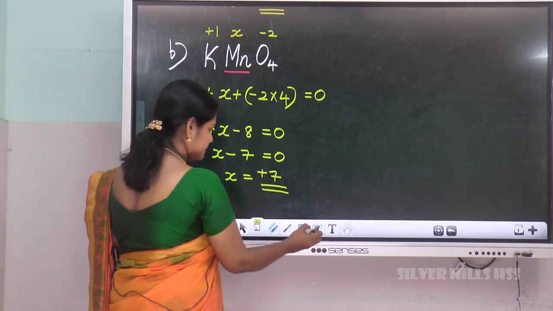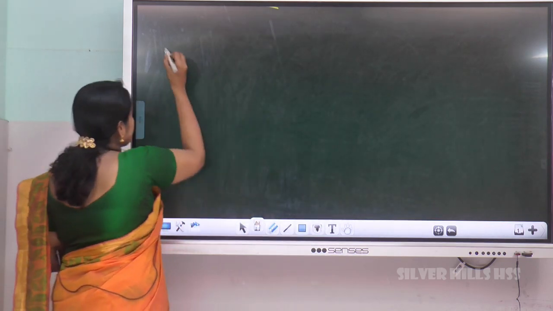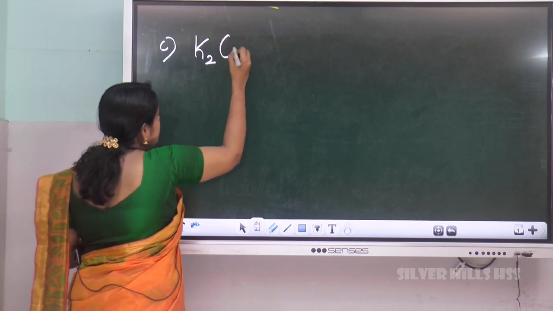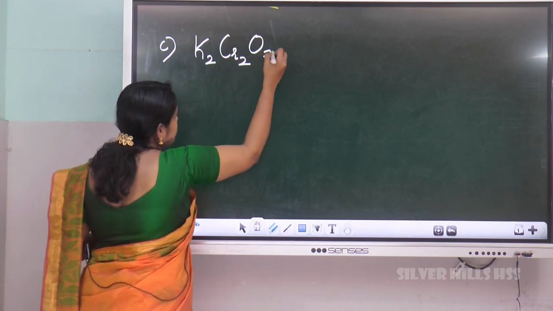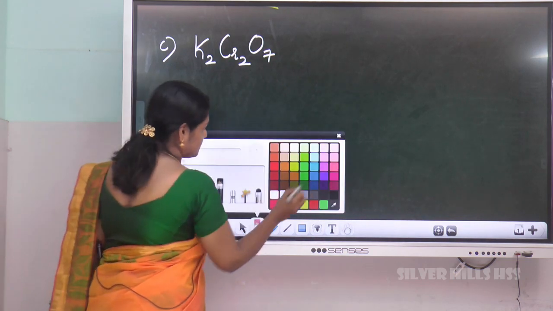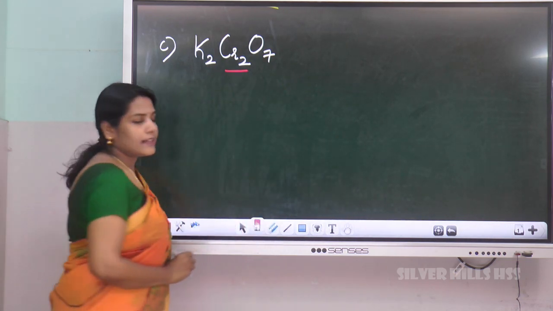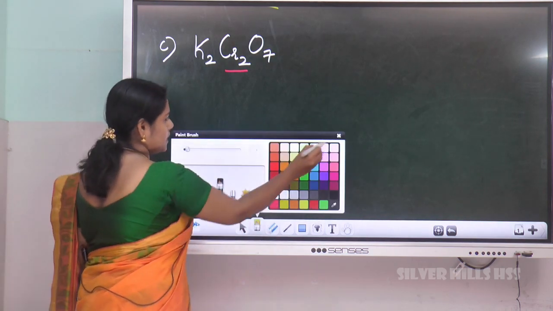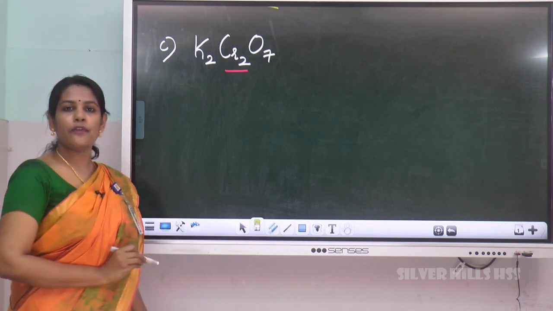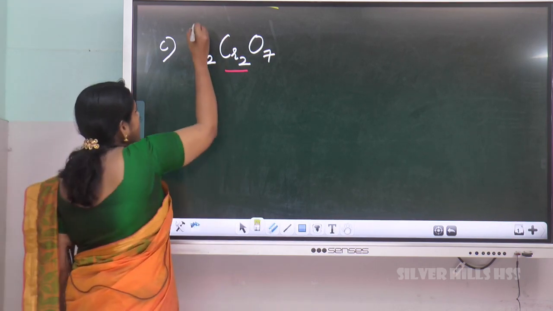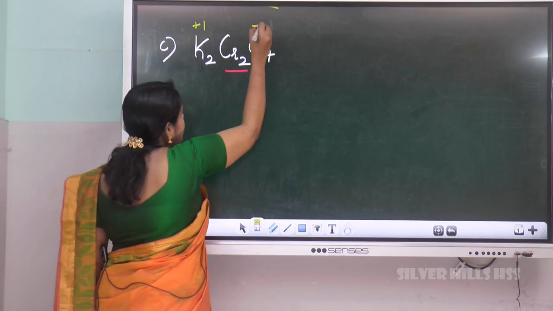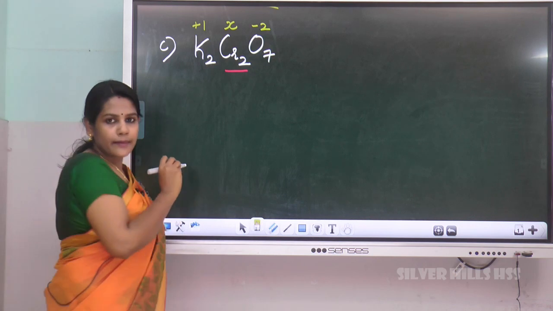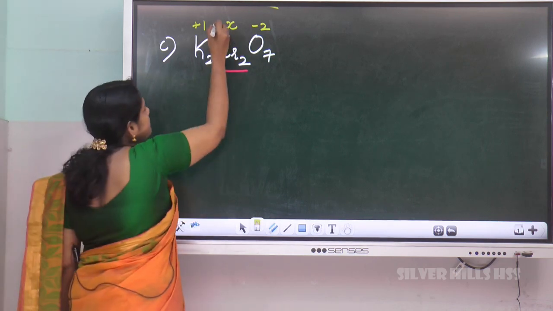Now the next one, that is C. The molecule is K2Cr2O7. You are asked to calculate the oxidation number for chromium, that is Cr. We know the oxidation number for potassium as well as oxygen. Potassium is +1 and oxygen is -2. So chromium, let it be X. Since we have 2 chromium here we will write 2X.